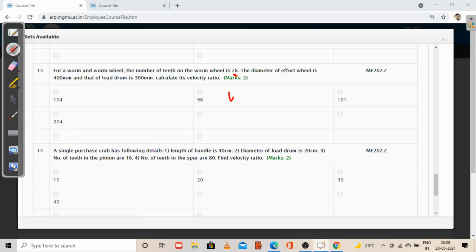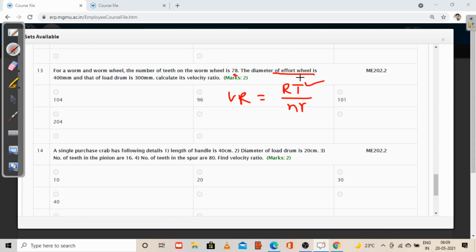Worm and worm wheel का velocity ratio. अभी diameter of effort wheel दिया है, so I will take RT upon N small r. I have to check, for a worm and worm wheel, the number of teeth on the worm wheel is 78. So T is given, 78.